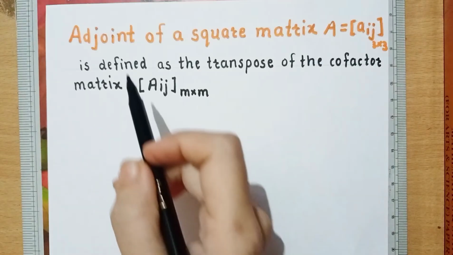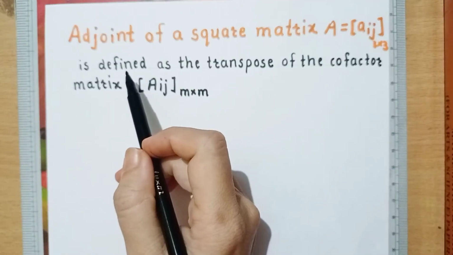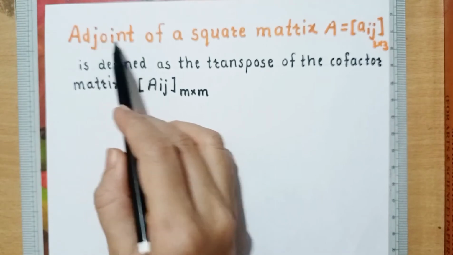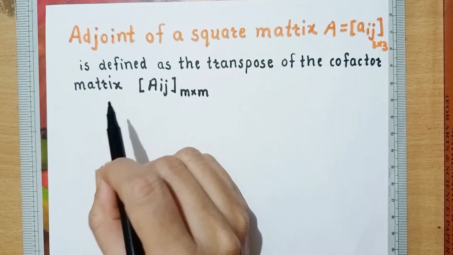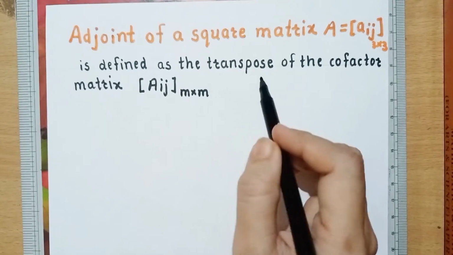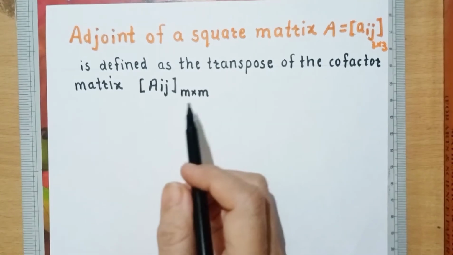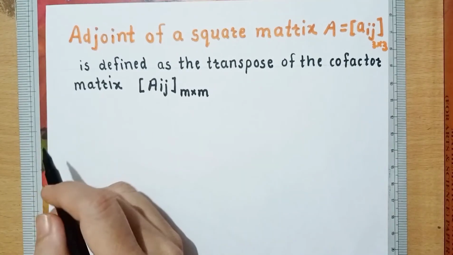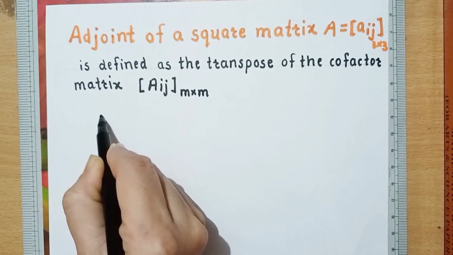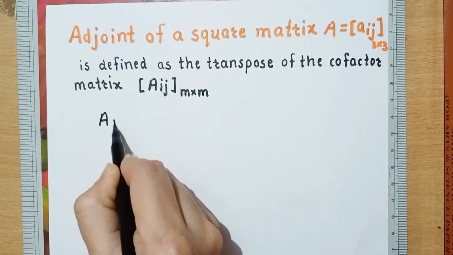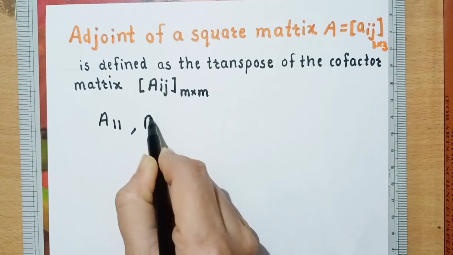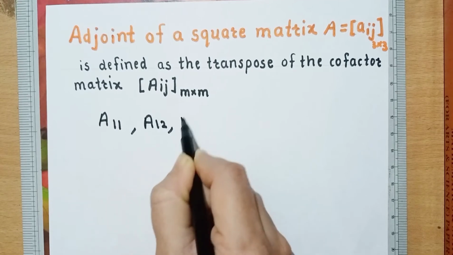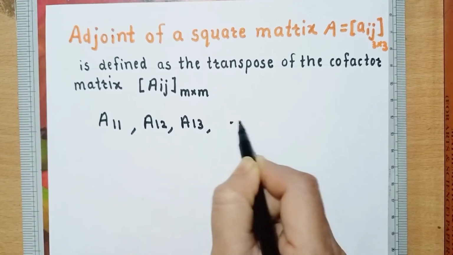After minor and cofactor, we have to write the adjoint of a square matrix, and it is defined as the transpose of the cofactor matrix. Now in the last example we have seen that the cofactors are denoted by A11, A12, A13 and so on.